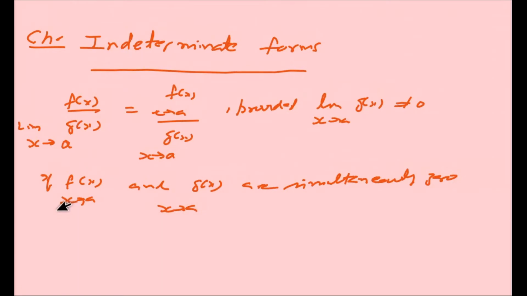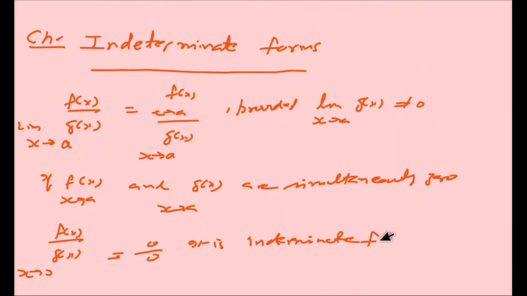In case limit f(x) upon g(x) takes the form of 0 upon 0, what do you mean by 0 upon 0? It is an indeterminate form. So the limit of f(x) upon g(x) may or may not exist.